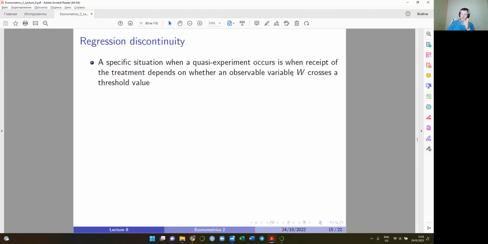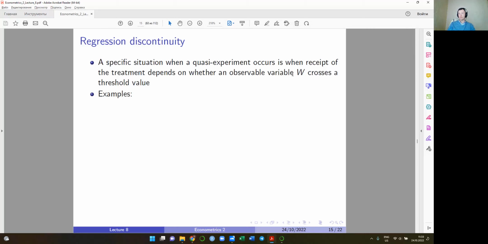There must be some threshold, and if this observable variable exceeds the threshold, then a person or firm receives a treatment. If it does not exceed the threshold, then the individual or firm does not receive a treatment.